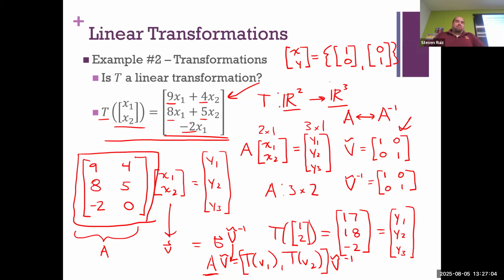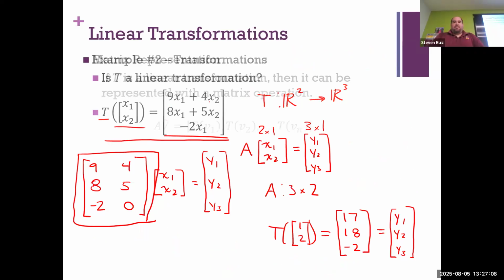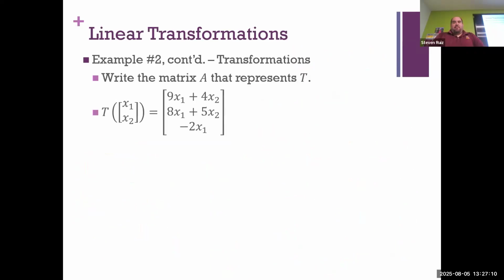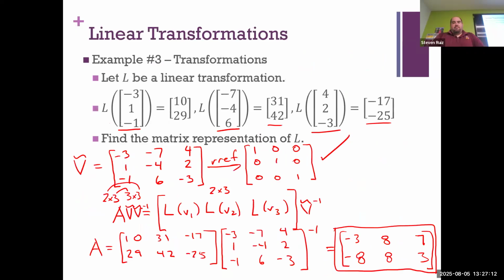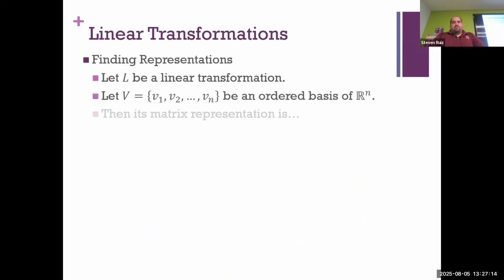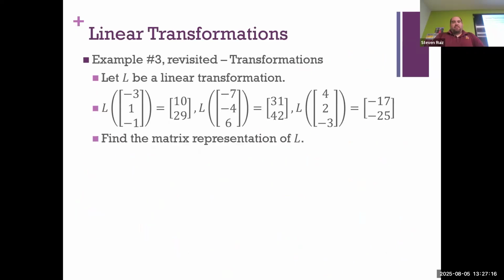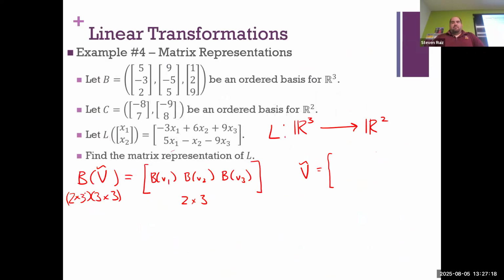These are purely 9 times x1, 4 times x2, and so on. So we can take the first part of this transformation as standard basis: 1, 0, 0, 0, 1, 0, 0, 0, 1.